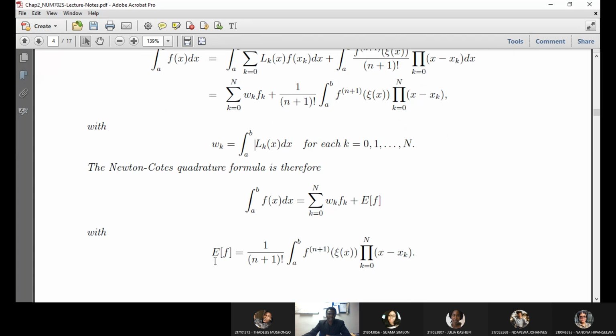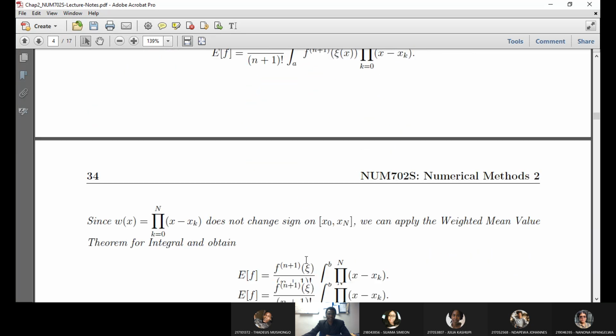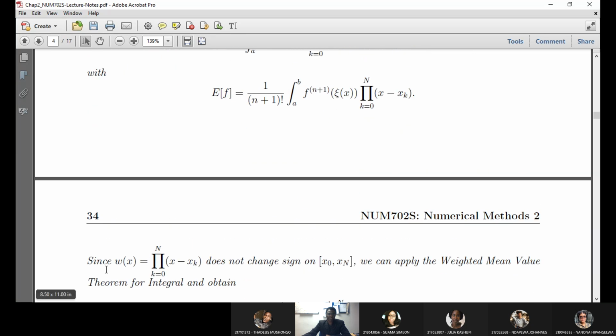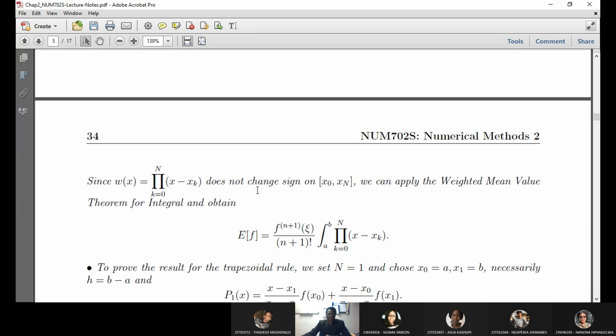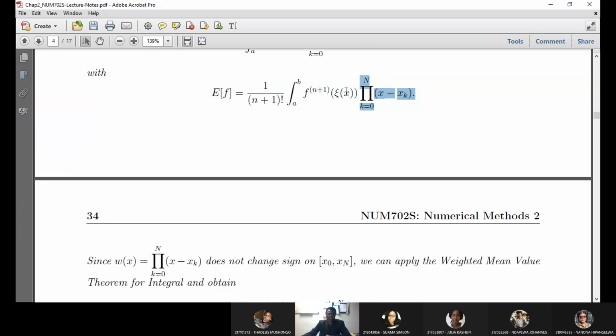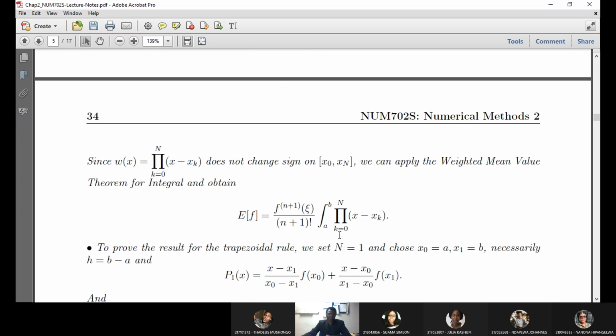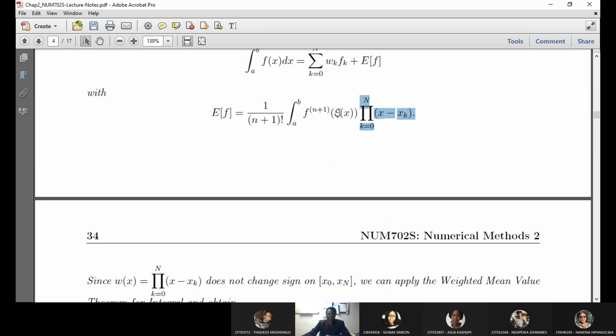You can see that the error term will be given by this, which, if we define w(x) to be this factor, we can apply the theorem and take this factor out of the integral, right? This will play the role of our f. You can see we take this one out of the integral.